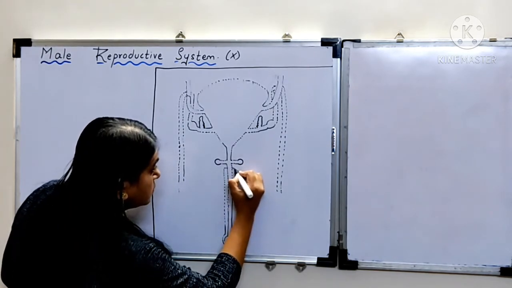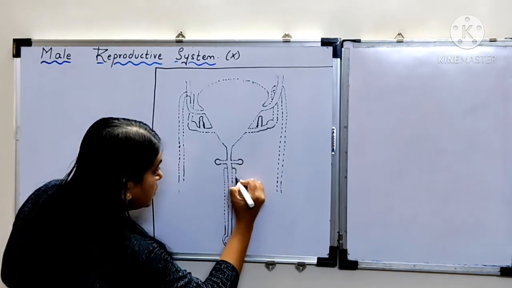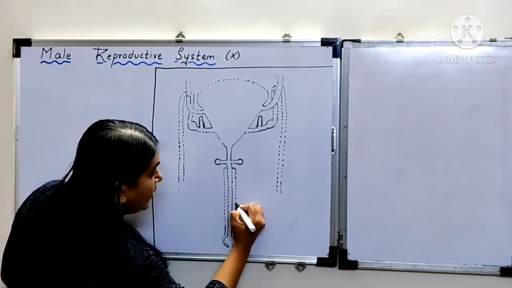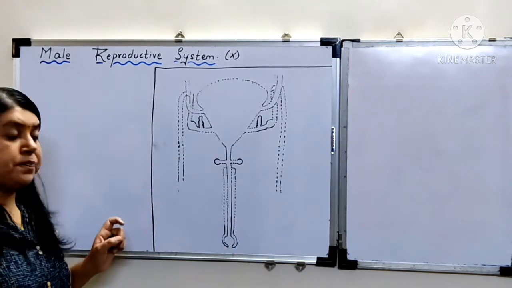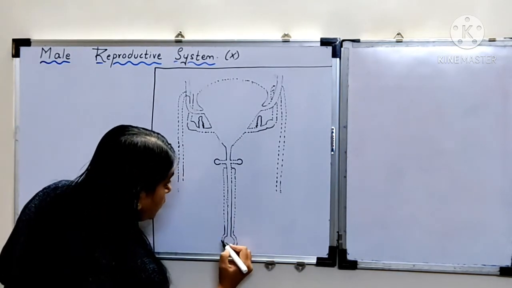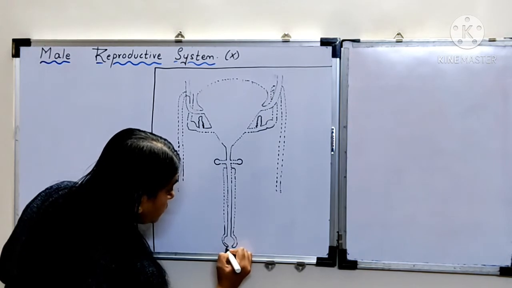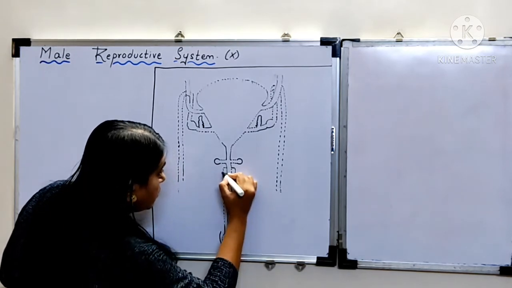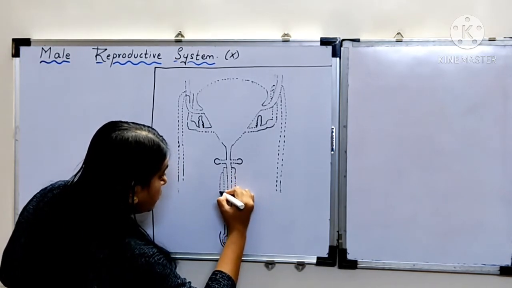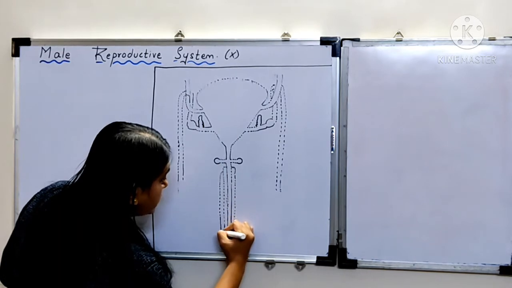Like this. See, if you draw the dotted lines, it will become pretty easy for us. Now show one more structure like this. Dotted lines this way.